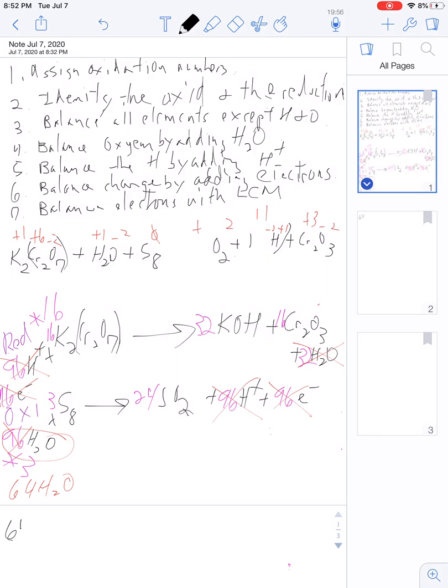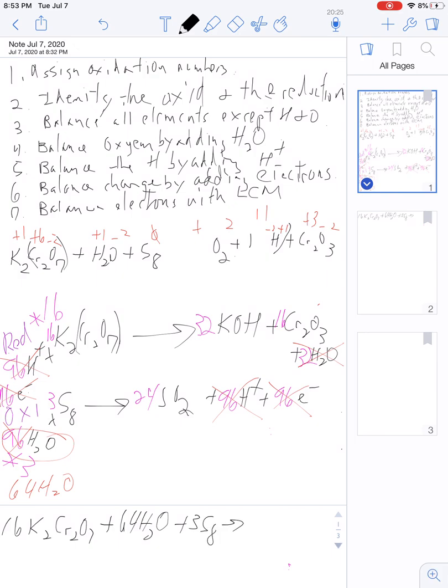Actually, I'm going to follow the same pattern on the homework. I'm going to have 16 potassium dichromates. I'm going to have 64 waters. I'm going to have 3 sulfurs.